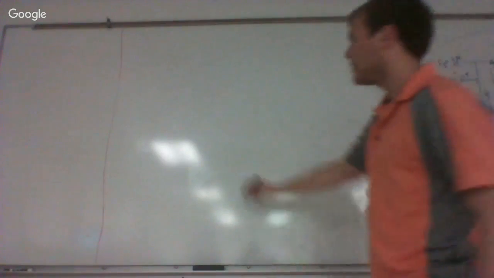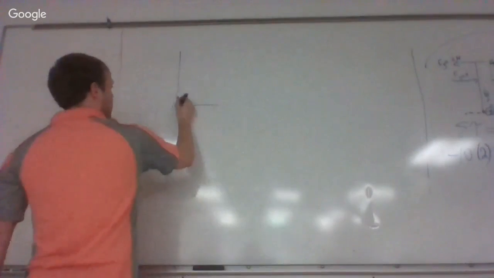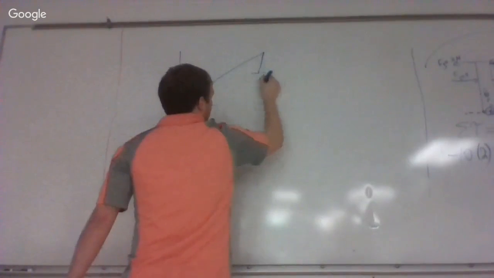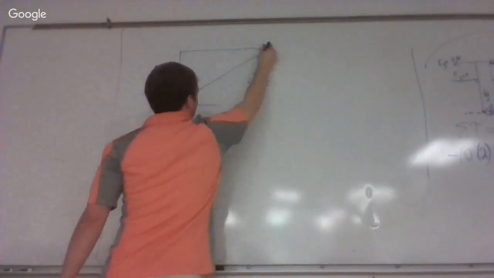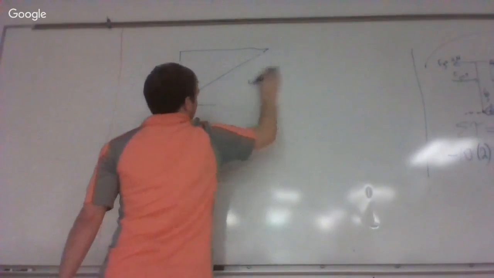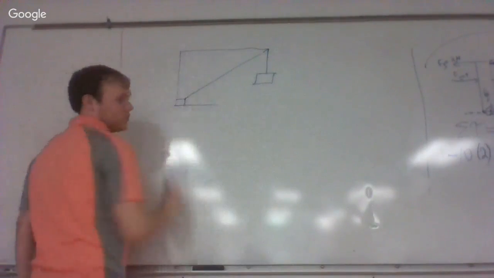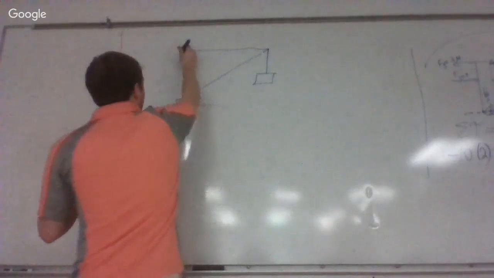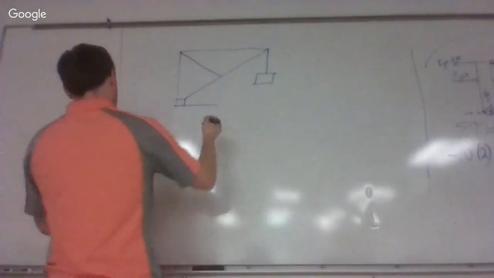So, there is a crane holding an object over the side, right? We know there is a line holding the crane, and another line holding up the crane. There are two lines holding up this crane.